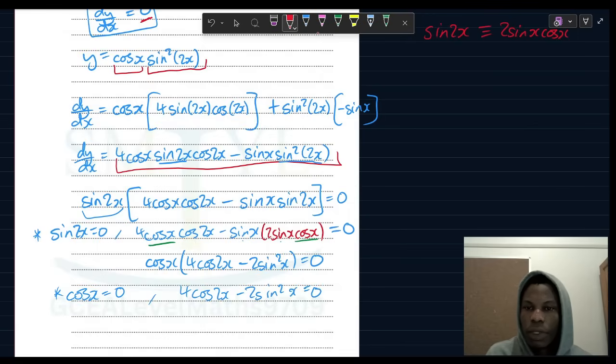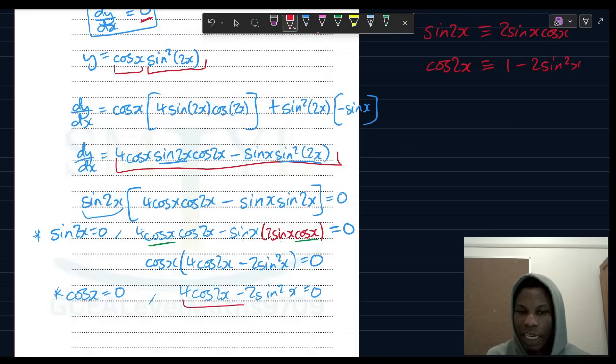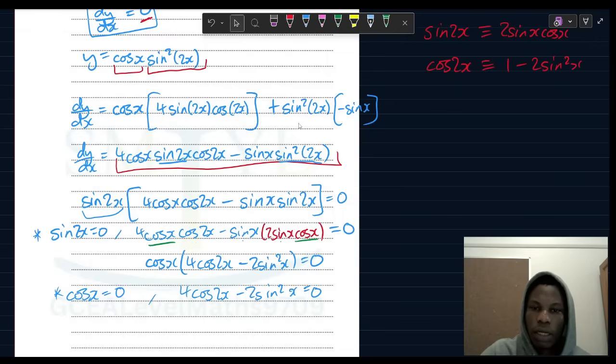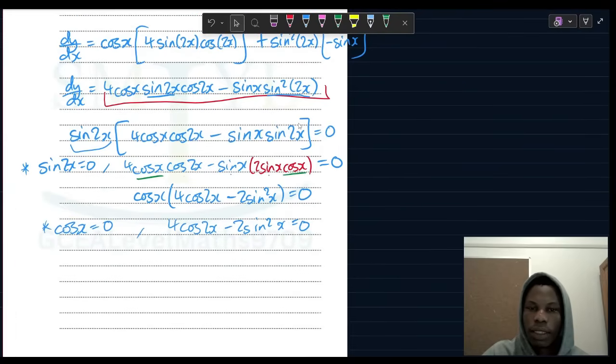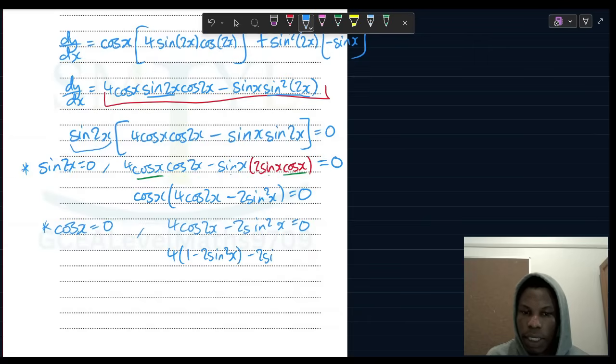And here we can use the double angle formula that says cos of 2x is identical to 1 minus 2 sine squared x, because that allows us to convert everything to sine here, which makes it easier to solve our trig equation. So we can write this as 4 times 1 minus 2 sine squared x minus 2 sine squared x is equal to 0.